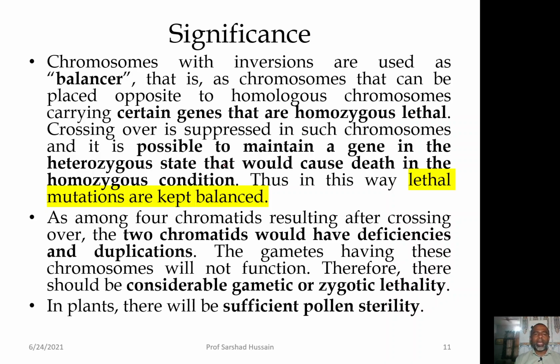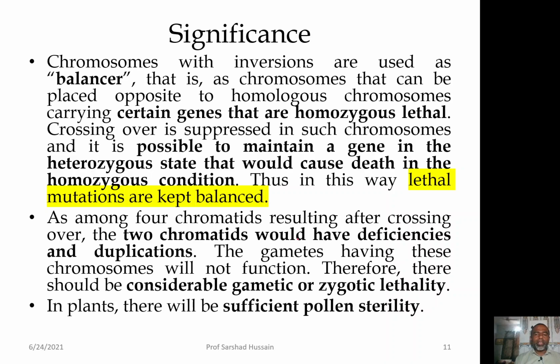But we know that in the inverted chromosome, whenever the crossing over will be there, the gamete will be abnormal, the gamete will not survive, as a result the individual will not survive. The individual will survive only when crossing over does not take place. So, it means if you place this inverted chromosome opposite to a chromosome having the lethal gene, then the individual will survive and you can balance the homozygous lethality.